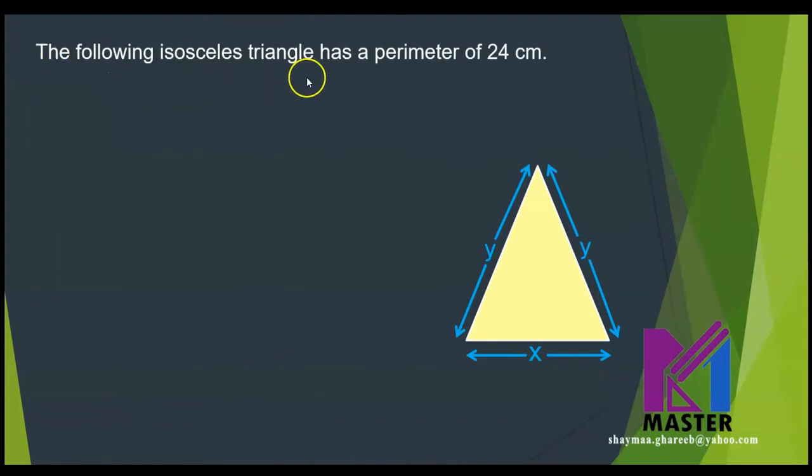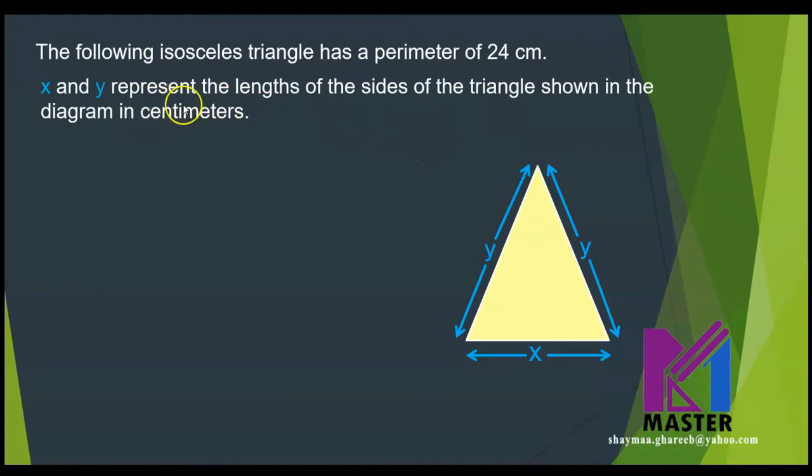The following isosceles triangle has a perimeter of 24 centimeters. It's the same triangle exactly. X and Y represent the length of the sides of the triangle shown in the diagram in centimeters. Find 3 possible sets of values for X and Y. We said before, in order to find the perimeter, I'm going to add all the sides.